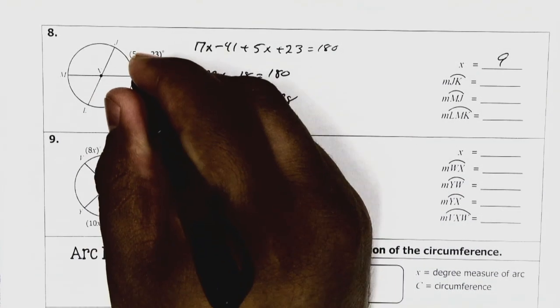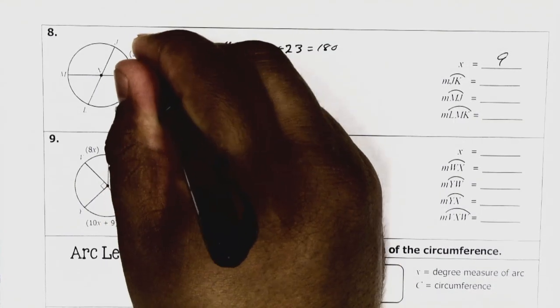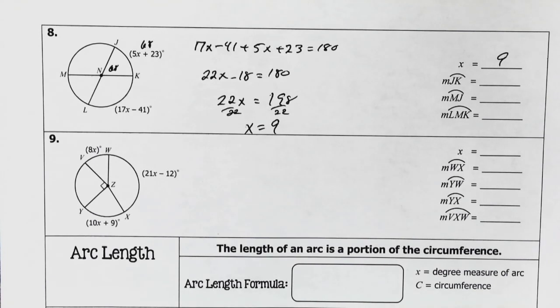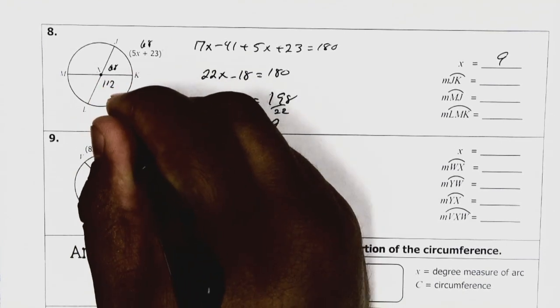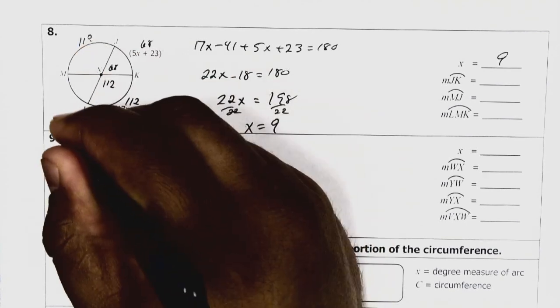Now we just plug them back in. So this is 5 times 9 plus 23, which gives me 68. So this arc is 68, which means this one, 17 times 9 minus 41, is 112. Yep, and 112 and 68 add to 180. Which means this one's also 112, and this one's also 68.